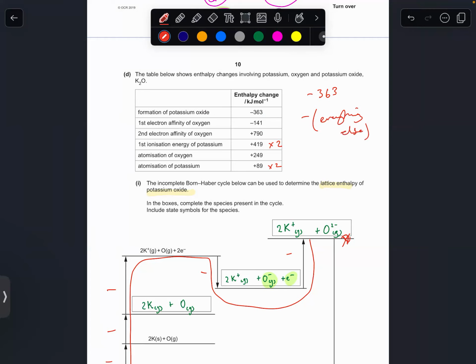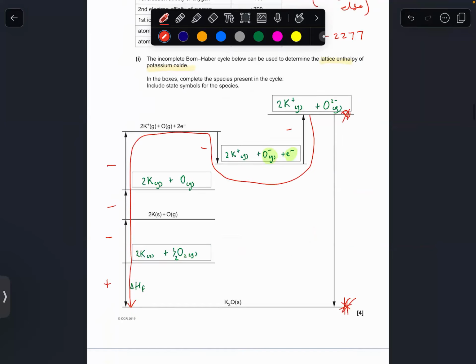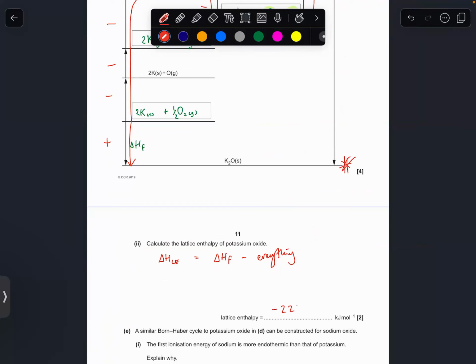Minus 363 minus 141. I've got here minus 2277. Yep, that gets you the 2 marks. Minus 2277. 2 marks.